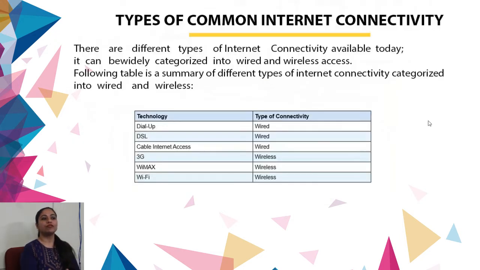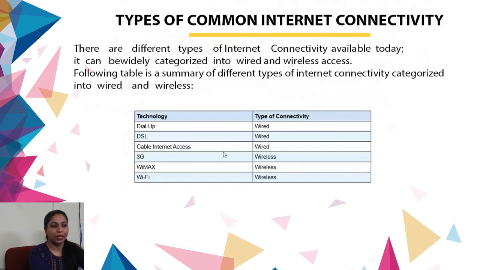Now let's move ahead. Here are the types of common internet connectivity. You must have heard about these technologies which are listed in the table below. There are different types of internet connectivity available today and they can be broadly categorized into wired and wireless. The first technology is dial-up, which is wired.